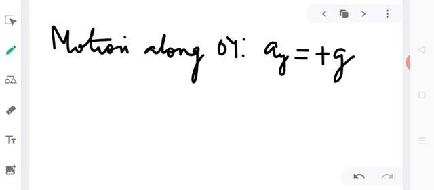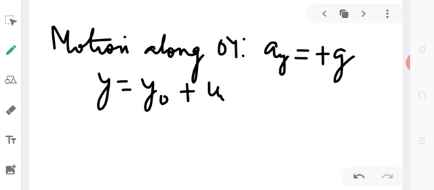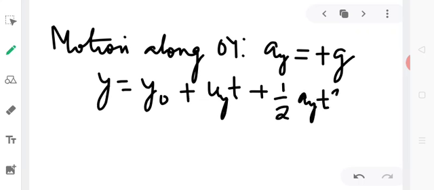Again, the position of the object at any time t along vertical direction, that is along y-axis, is given by y equal to y0 plus uyt plus half ayt square.